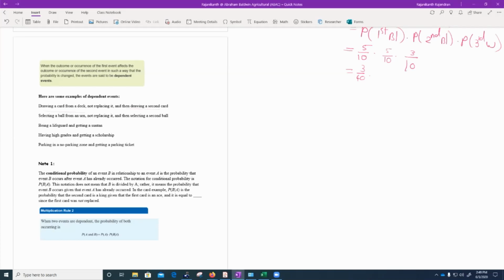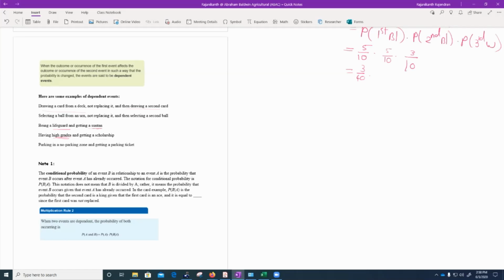You are not replacing. Selecting a ball from an urn, not replacing again, and then choosing the second one, again going to be dependent events. Being a lifeguard and getting a suntan, yes, these two are related, so it's going to be dependent. Having high grades and getting a scholarship, yes, of course, if you have high grades, the chance of getting a scholarship is high.